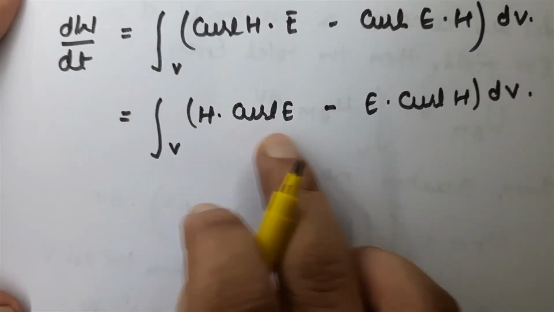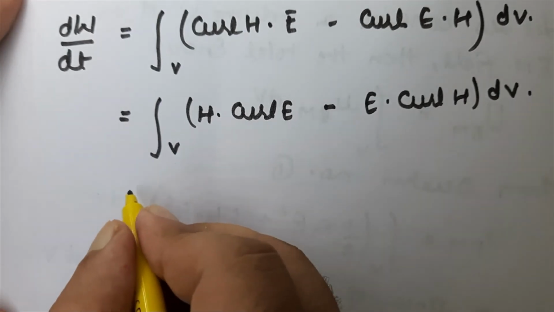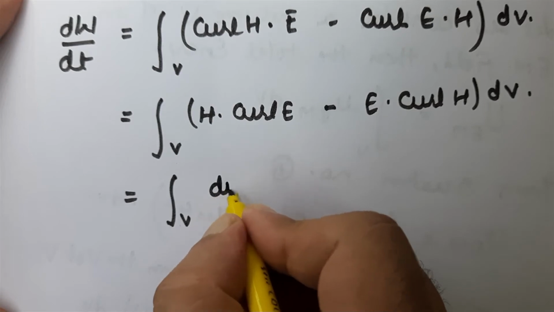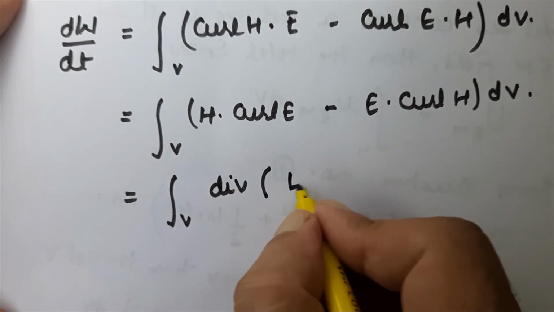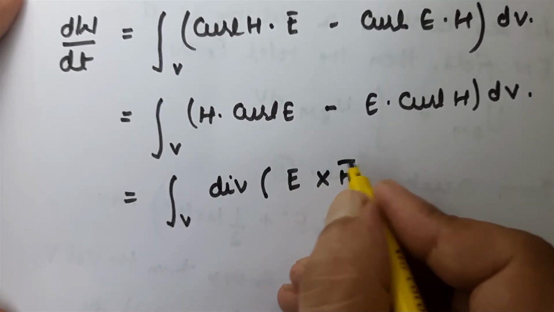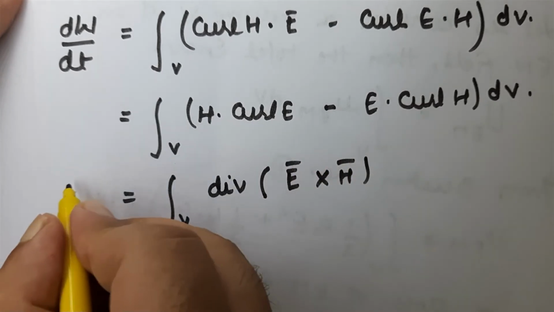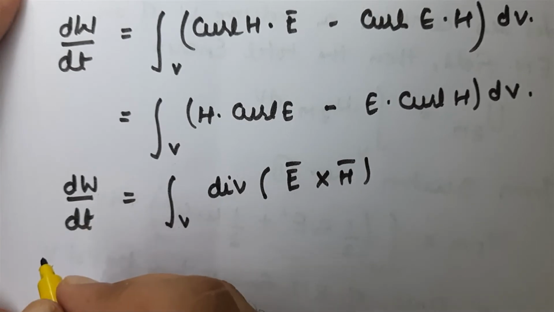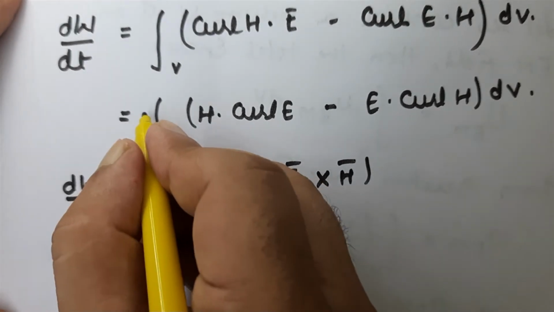This term, H curl E minus E curl H, according to our identity, can be written as divergence of E cross H along with a negative sign.